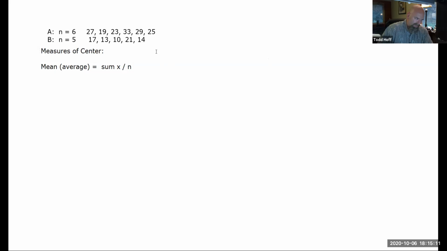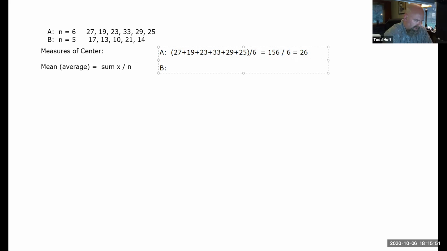So for set A, we would add up 27 plus 19 is 46, plus 23 is 69, plus 33 is 102, plus 29 is 131, plus 25 is 156, divided by 6, since there are 6 of them. So 156 divided by 6 is 26. The mean of data set A is 26.